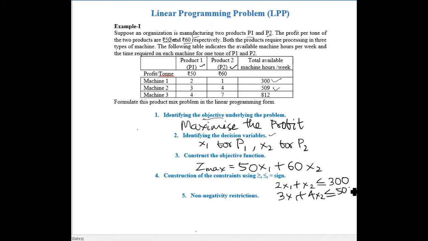Very good. Next equation: 4x1 plus 7x2 less than or equal to 812.